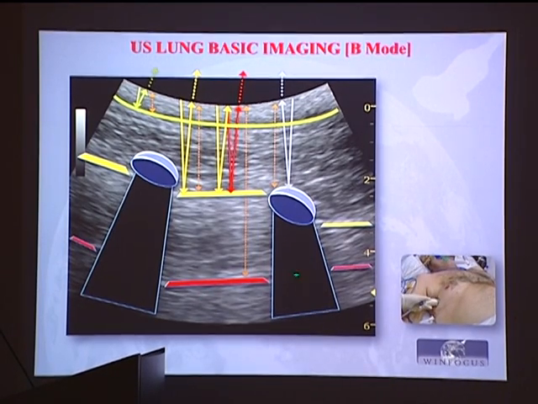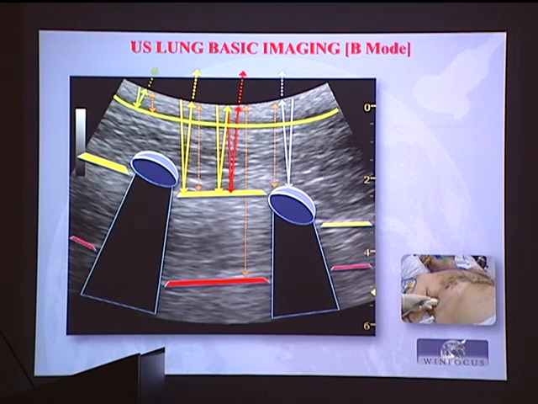Why? Because these lines refer directly to the presence of air here. And all these sub-lines here are just the mirror image of the chest wall, like a mountain reflected on a lake.